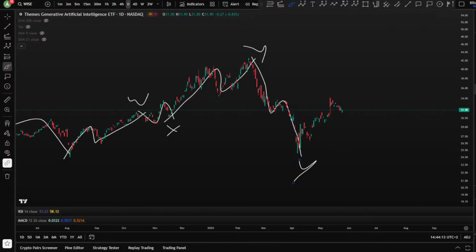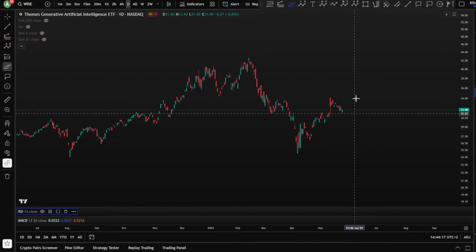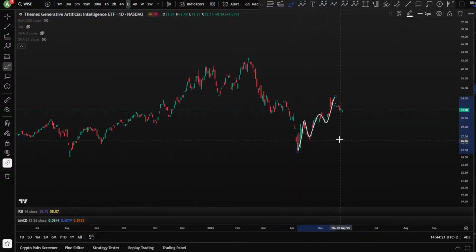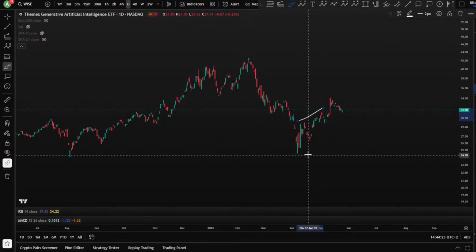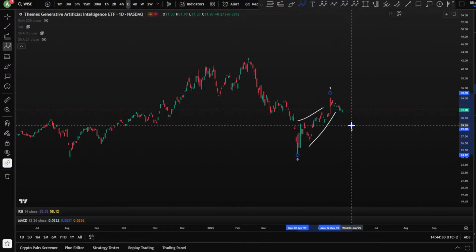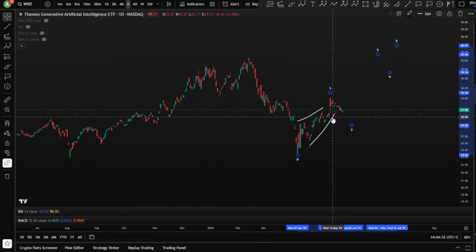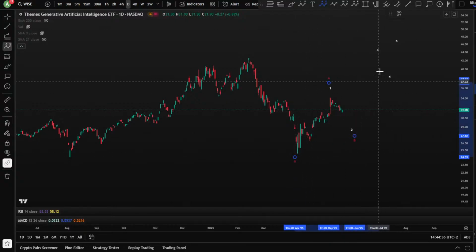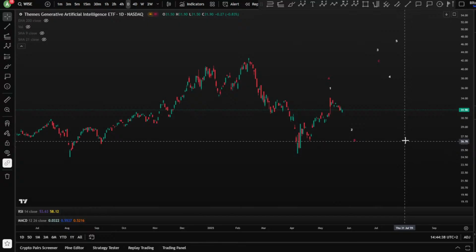However, if you take a closer look here at this potential scenario 1, 2, 3, 4, 5, you can see, of course, a potential leading diagonal. Yes, it can be. So it can be, of course, your wave 1, 2, 3, 4, and a 5. Possibly. But you also have to take into consideration that it can be an ABC.